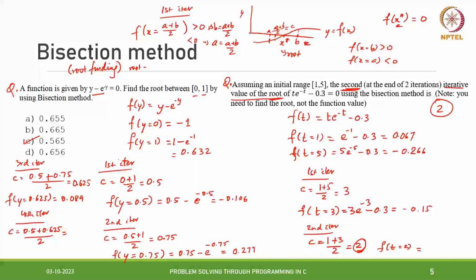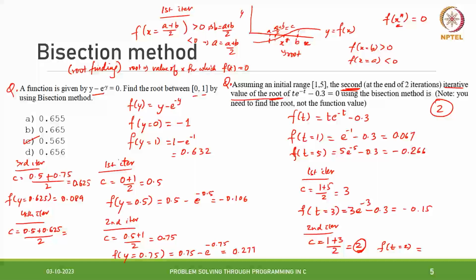A root is basically the value of x for which f of x becomes 0. So basically I need to find the value of t where f of t becomes 0.